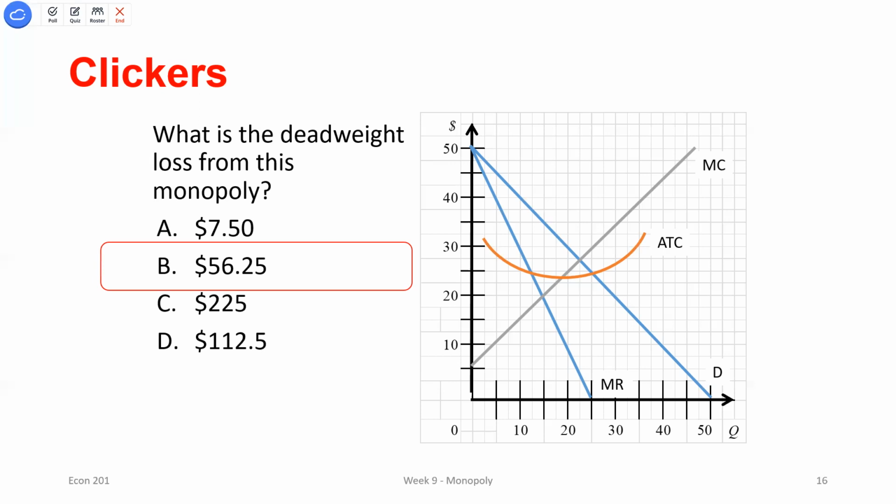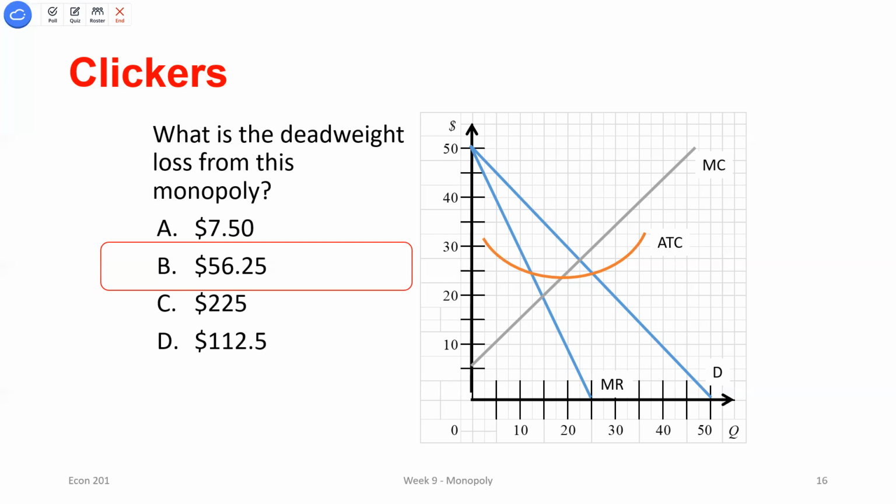Okay. What if I wanted producer surplus here? Producer surplus is going to be the area between my supply curve and the price that they're able to receive, or charge. So here, this would be the entire area that represents producer surplus.